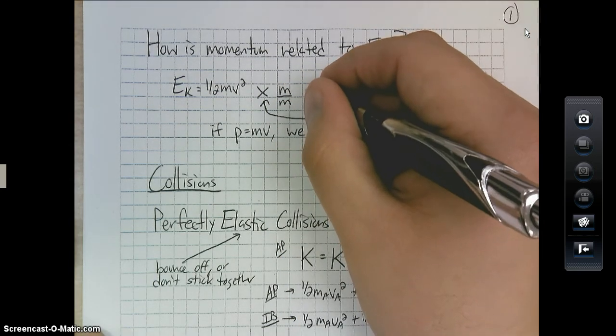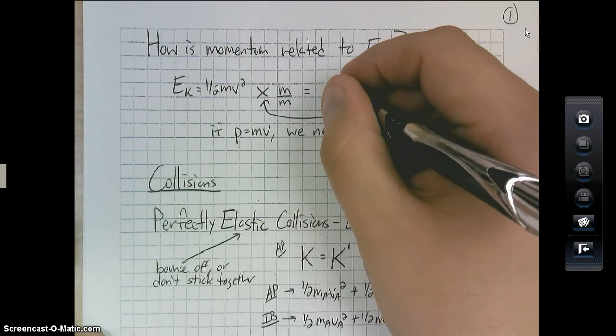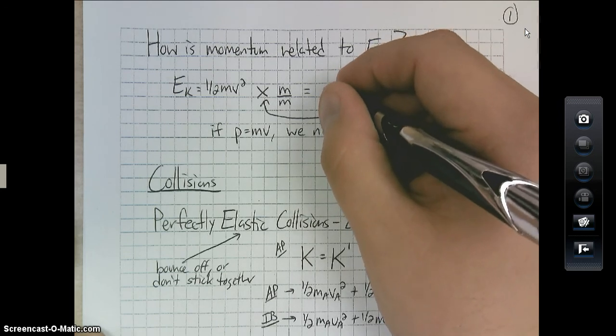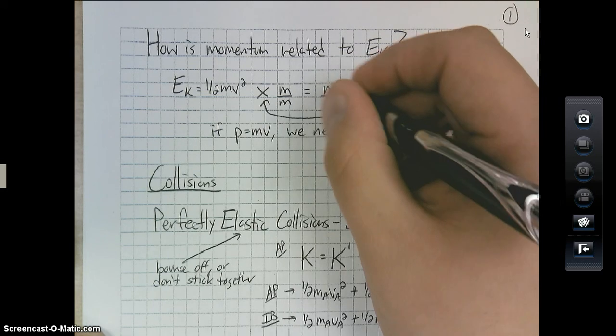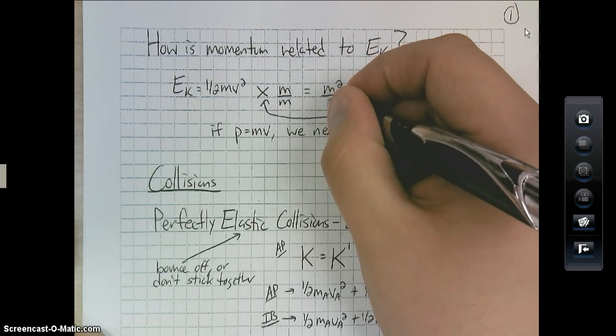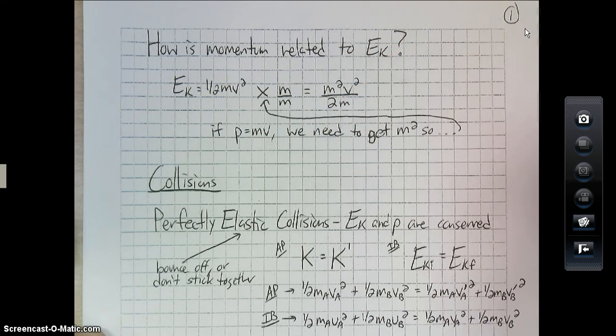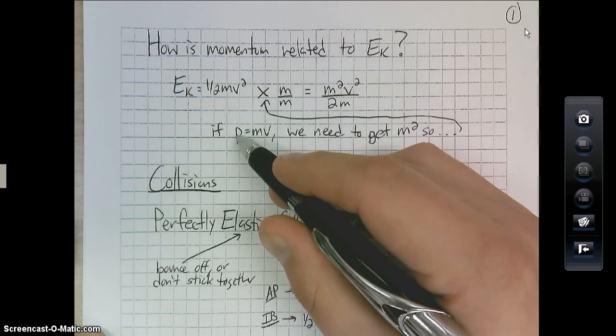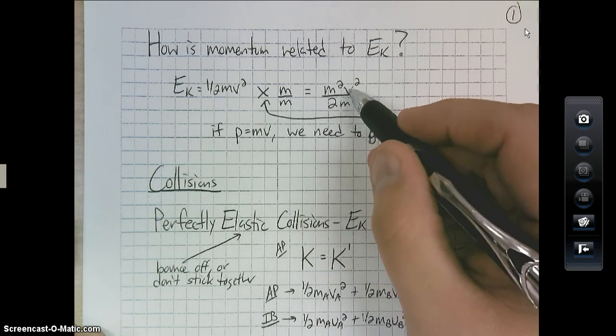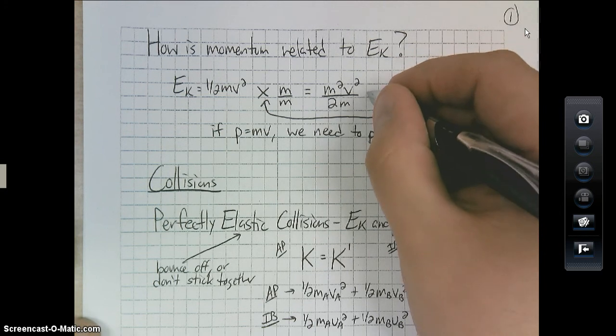And this is going to give me that EK would be equal to 1 half, and then we'd have m squared and v squared on the top. And instead of doing 1 half, I'm just going to put the 2 on the bottom with an m. Okay. Now, if m times v is p, then m squared times v squared is p squared.